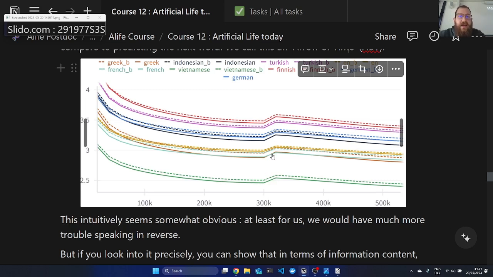The kink that happens for all the languages is nothing special. During training we do a restart of the learning rate, jumping it up because it's supposed to make it train better. What you should see is that the dashed line and the corresponding colored continuous line are always somewhat translated upwards during all of the training.